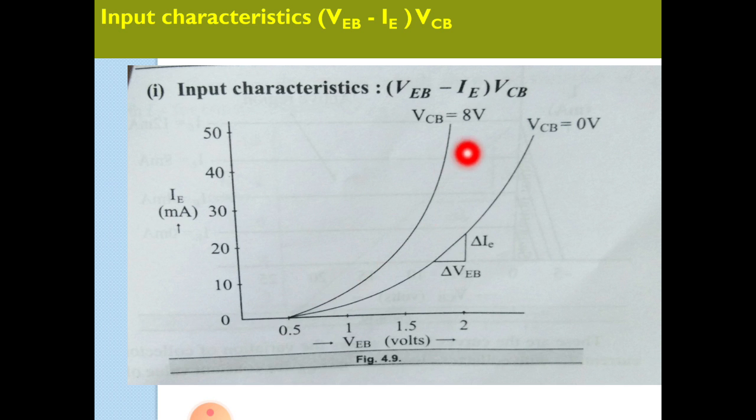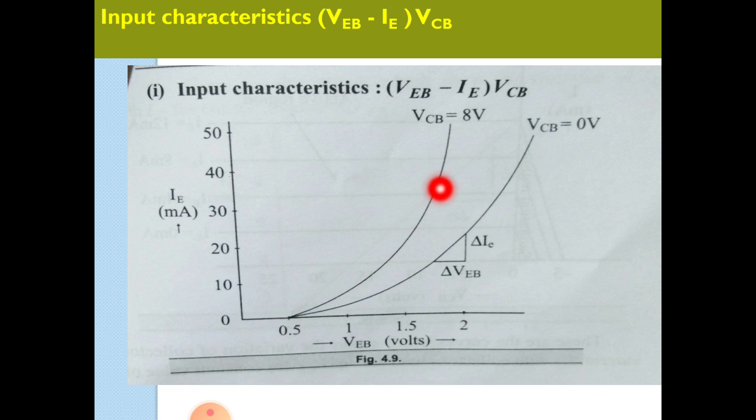It increases rapidly. Okay, to some extent, when the input voltage is very low, we get the input current as 0. Okay, for a very small value of input voltage the input current is 0. Okay, but after a certain value of input voltage, the input current goes on increasing rapidly.